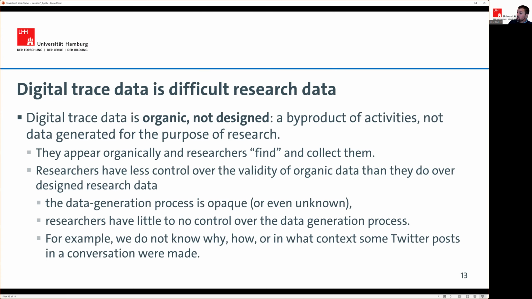We don't know, right? So the data generation is unknown or at least very opaque to us. We have very little control over that. In normal research, we are controlling the data and we know very much about how that data is generated, where it's coming from, right? So this is a hugely different process because we don't know whether we can trust this data. We don't even know whether a bot created this or a human being, right?